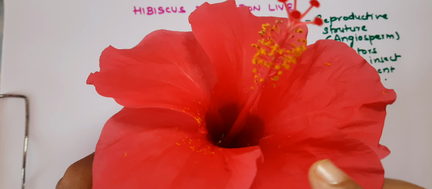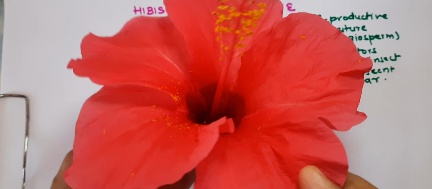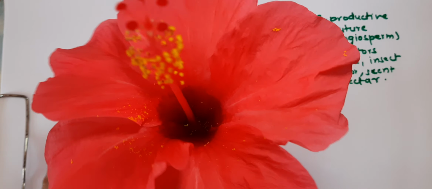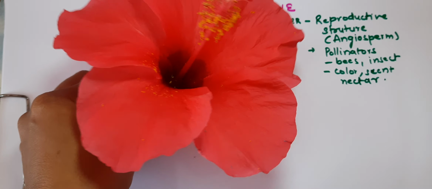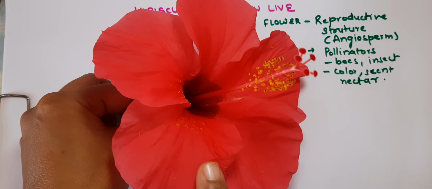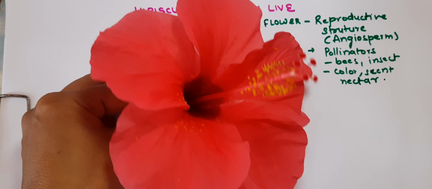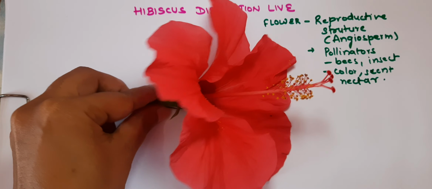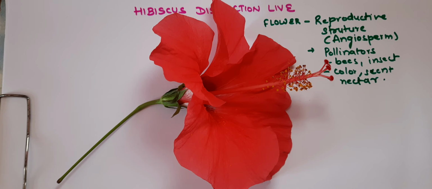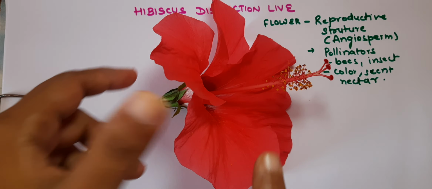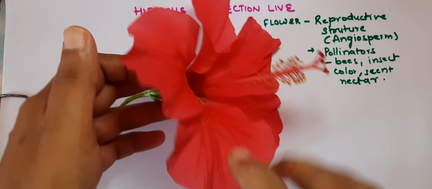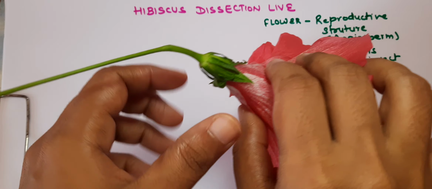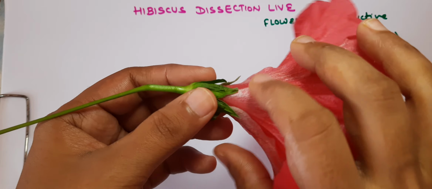Now let's talk about this red color. These we all know, they are known as petals. There are basically 5 petals in the hibiscus: 1, 2, 3, 4, 5. So the hibiscus flower is five-petaled. There are different colors in the hibiscus, like red, pink or yellow. These petals are gamopetalous, which means they are fused together.